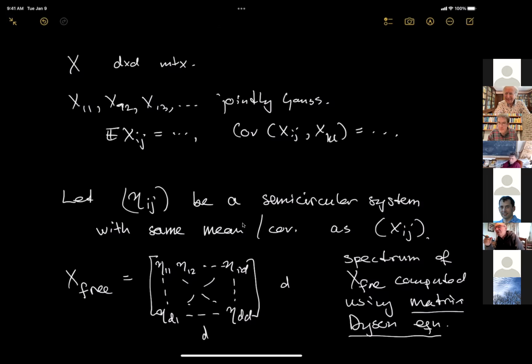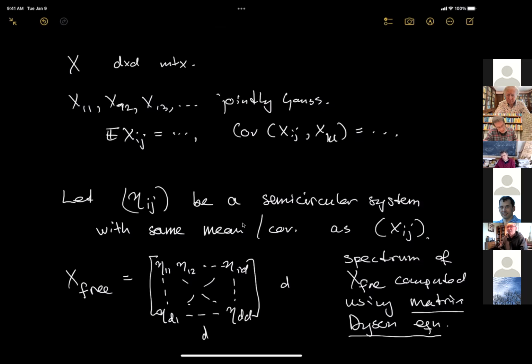But can you say something about eta ij? We're not afraid of Fock spaces, so perhaps you can say something about it. Yes, they are defined in terms of a free Fock space.